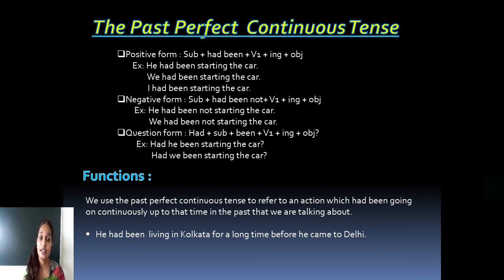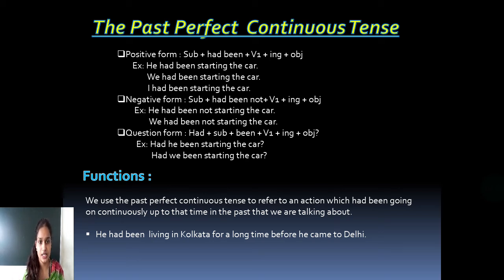Now how do we write a sentence in negative form in past perfect continuous tense? Subject at the starting, plus had been as auxiliary, plus not because it is a negative sentence, plus verb first form plus ing, plus object. Example: he had been not starting the car.